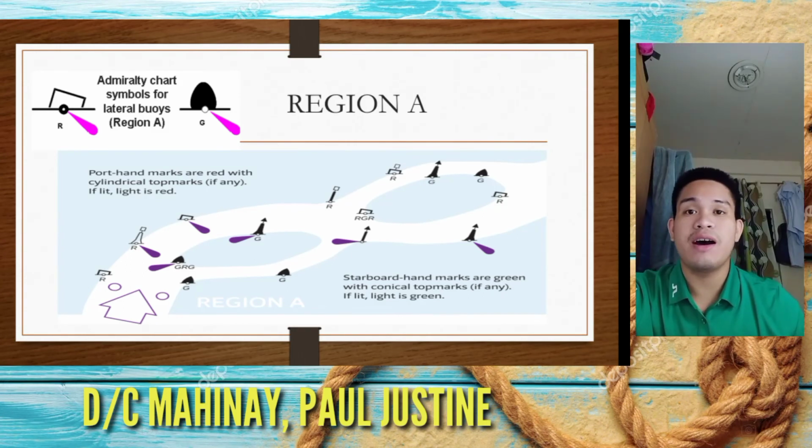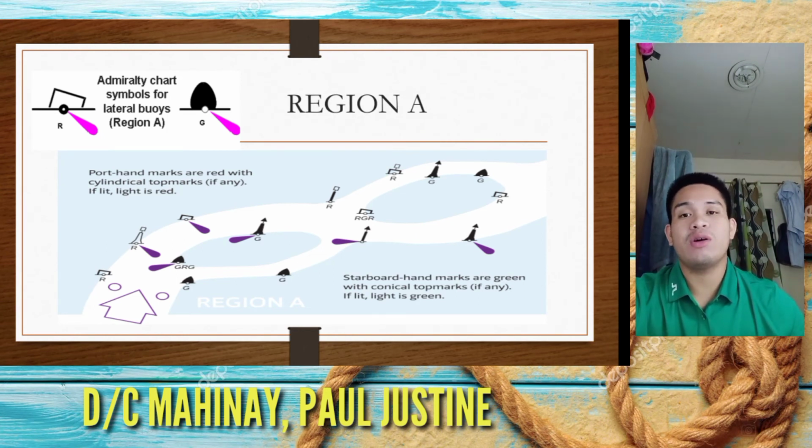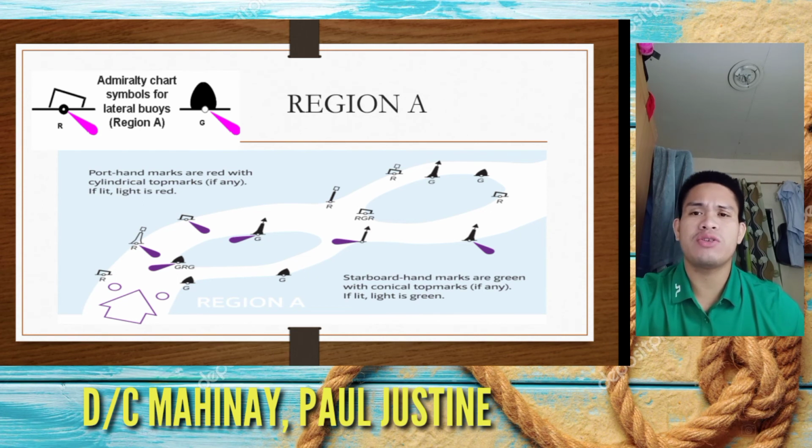Next are the Admiralty chart symbols for lateral buoys on region A. Always remember the buoys of region A. On the starboard side, the hand marks are green with conical top marks, and if there is a light, it is also green. Always remember the magenta arrow, the general direction of the voyage.